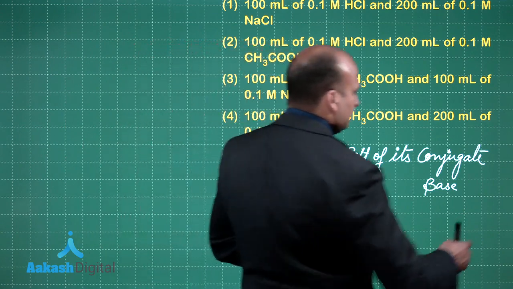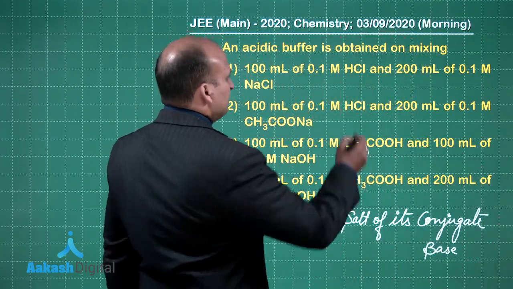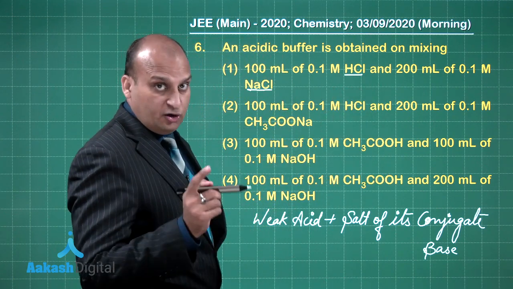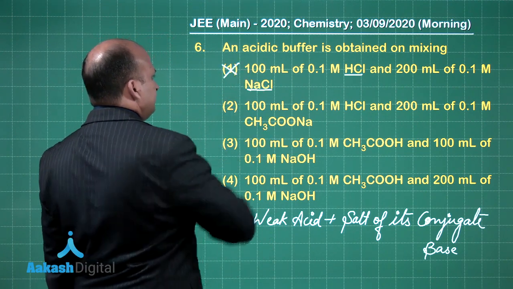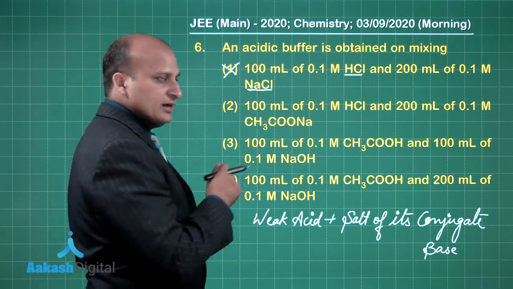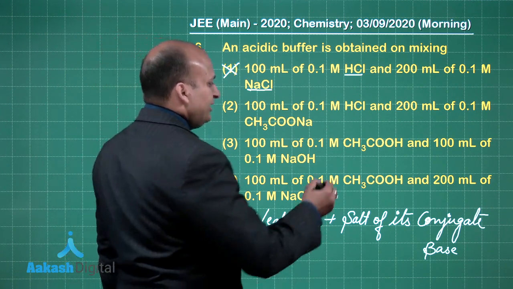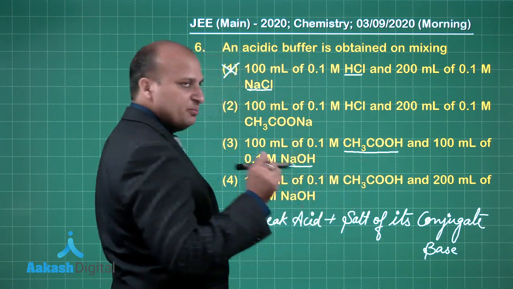Okay, let us start with the first one. Here we are mixing HCl with NaCl, right? You will not get the weak acid and its conjugate base. So, this is not the right answer. Okay. Second is the answer, I am skipping it. Let us go to the third one. See, here we are having the weak acid and we are reacting it with base.